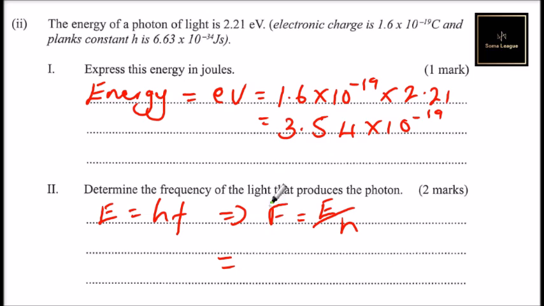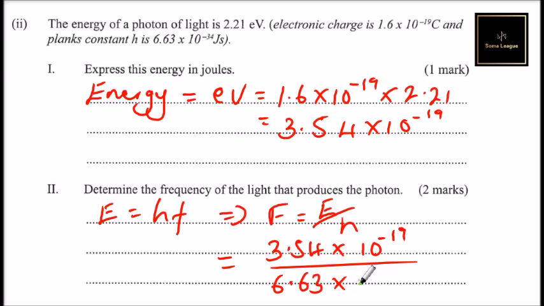We have already calculated the energy in part 1, so this is equal to 3.54 multiplied by 10 to the power minus 19, divided by 6.63 multiplied by 10 to the power minus 34, that is Planck constant h, which will give us 5.33 multiplied by 10 to the power 14, and the unit here is hertz.